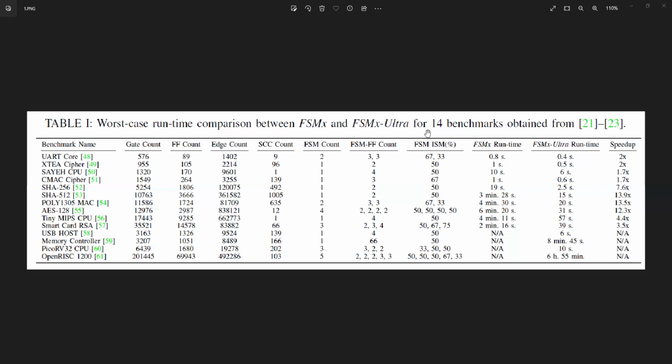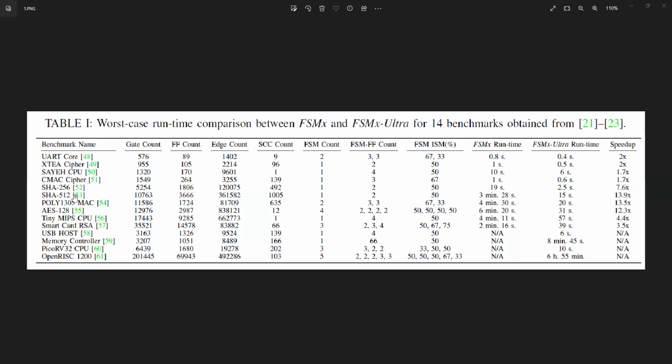So rarely does the SCC count match the FSM count. It also appears from this table that in only two cases the FSM count equals the strongly connected component count, because there was a single FSM and no accumulator or other counters in the design, so you did not have any other SCCs.